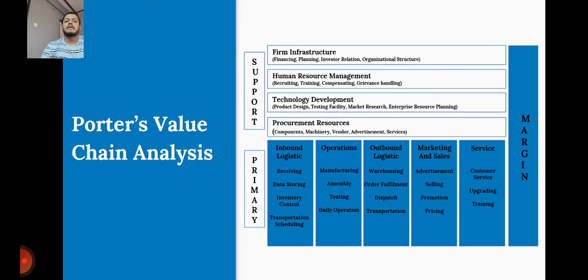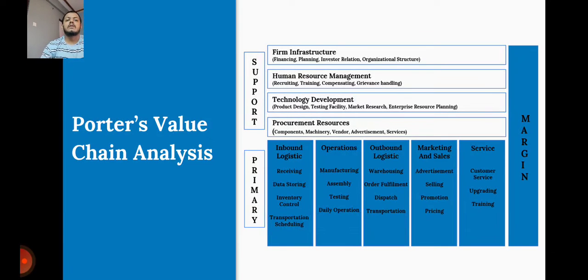Porter's value chain analysis. Support and primary activities. Firm infrastructure: financing, planning, investor relations, organization structures. Human resources management: recruiting, training, compensating, grievance handling. Technology development: product design, testing facility, market research, enterprise resource planning, etc. Procurement: components, machinery, vendors, advertisement, and services.